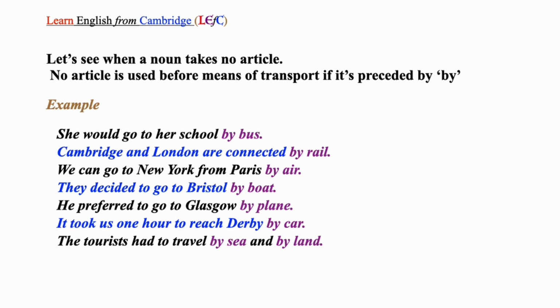So it's wrong to say she would go to her school by a bus, or she would go to her school by the bus. Same is the case with all others. That's very important. Let's move on.